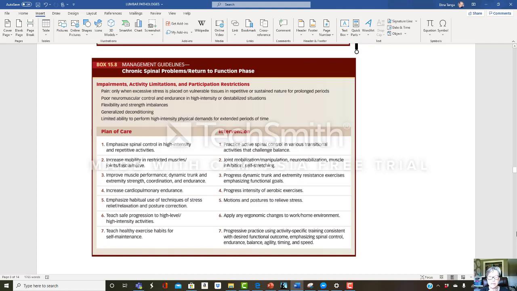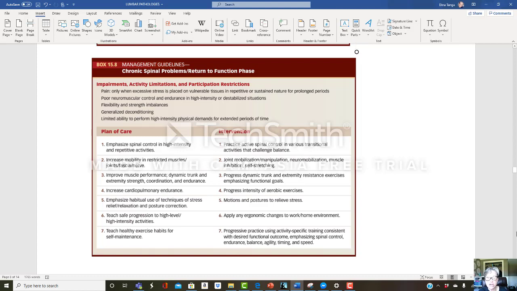Increase cardiopulmonary endurance. Progress intensity of aerobic exercises. Emphasize habitual use of techniques of stress relief, relaxation, and posture correction. Motions and postures to relieve stress. Teach safe progression to high-level, high-intensity activities.